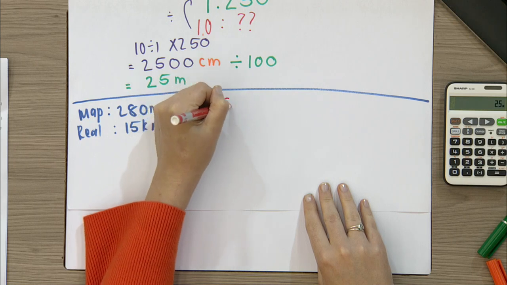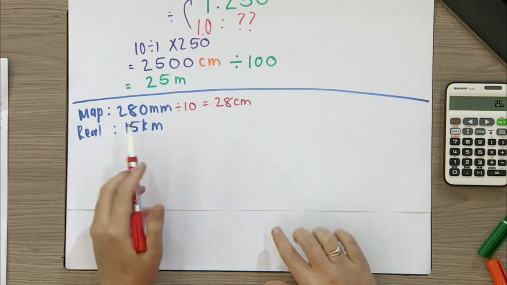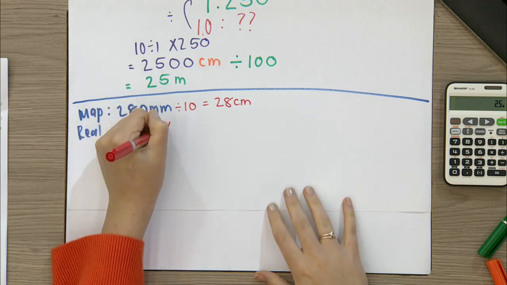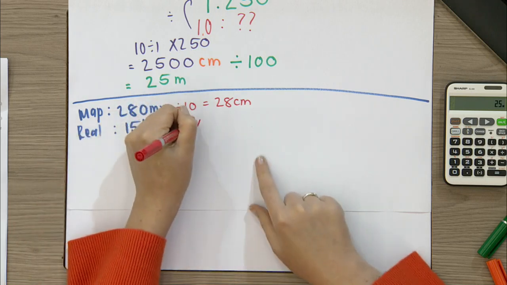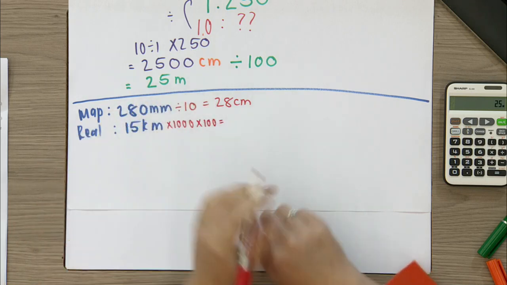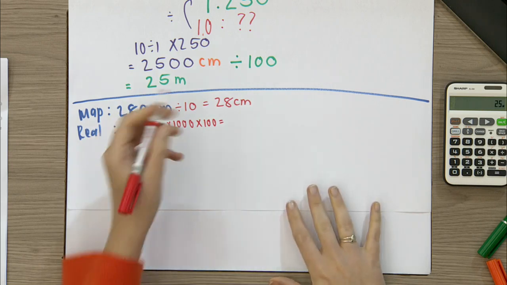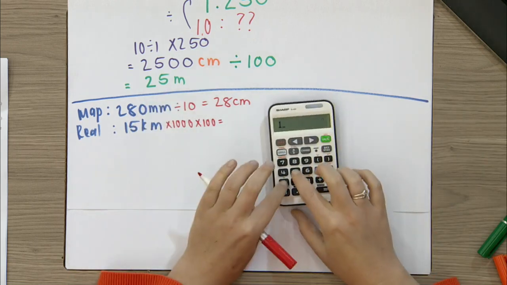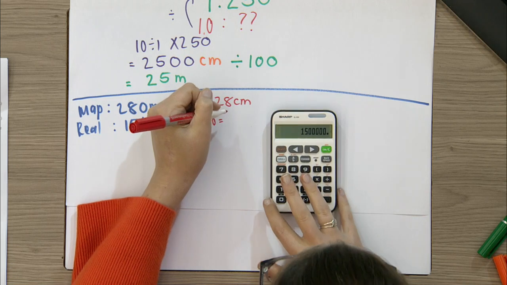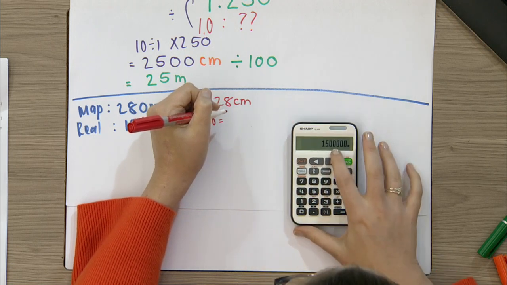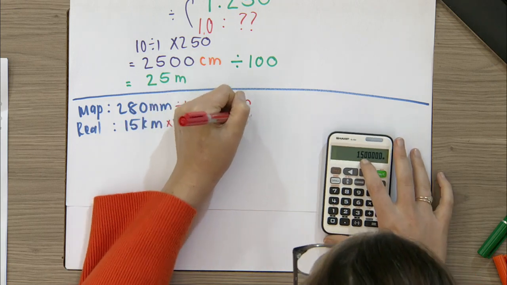This now gives me 28 centimeters. To go from kilometers to meters, I must times by 1,000. And then from meters to centimeters, I must times by 100, which is now actually 100,000. So 15 times 100,000. And you can definitely use your calculator. It's not going to be anything bad if you do. And you will now see you will get 1.5 million.